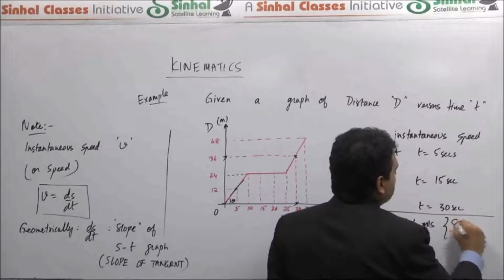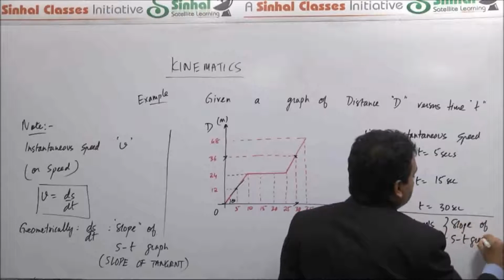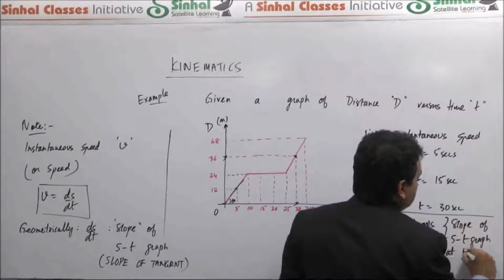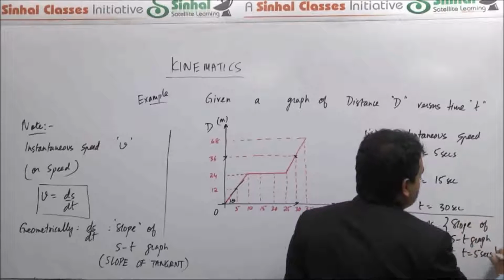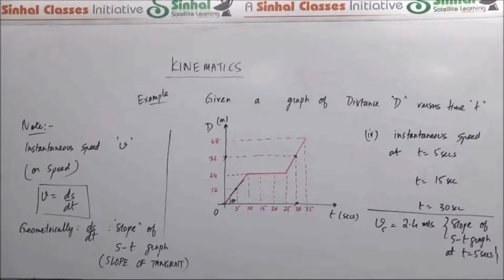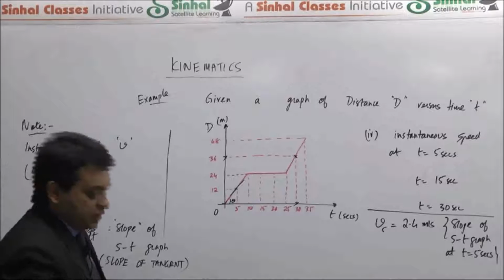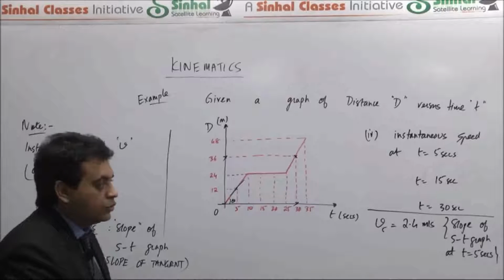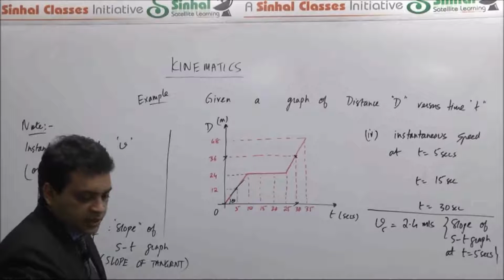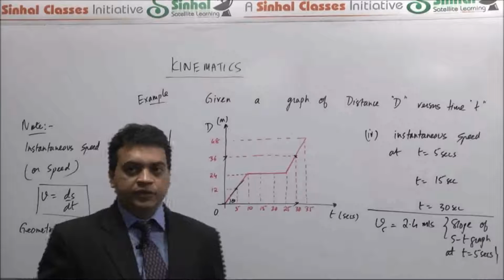It is the slope of the ST graph at t equal to 5 seconds. So that is the contextual significance of the slope of the tangent, and that is the geometrical method of figuring out the instantaneous speed at a given point. Just take that down and we look at the next part at 15 seconds.